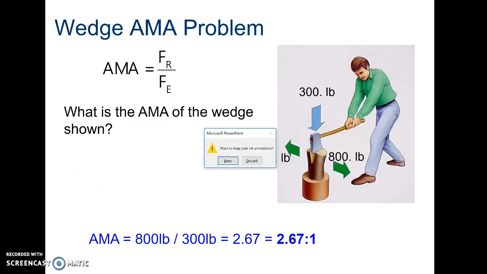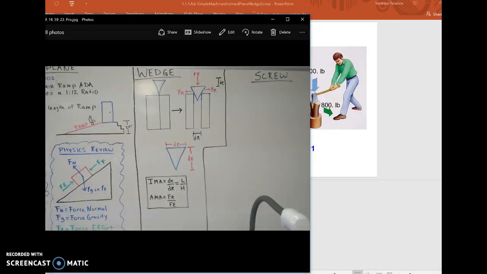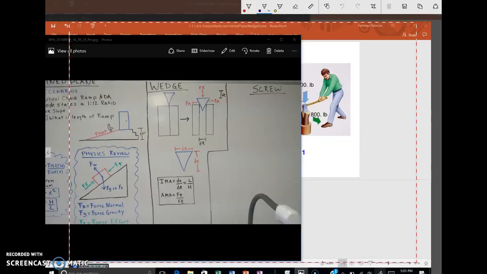I did want to cover what was on the board, and what's on the board is essentially what I had just talked about. Okay, so you have a splitting device. Let's say that this is just the wood, right? The wood, and it's not yet split. And up here we have the wedge. Okay, now if we drive the wedge into the piece of wood and split that apart, right?